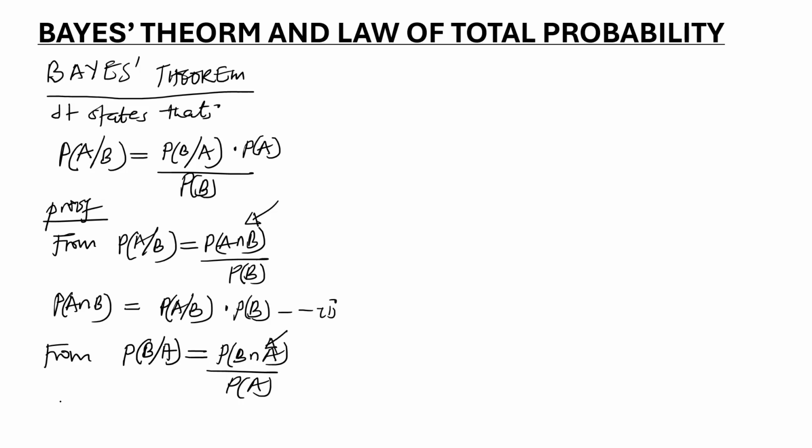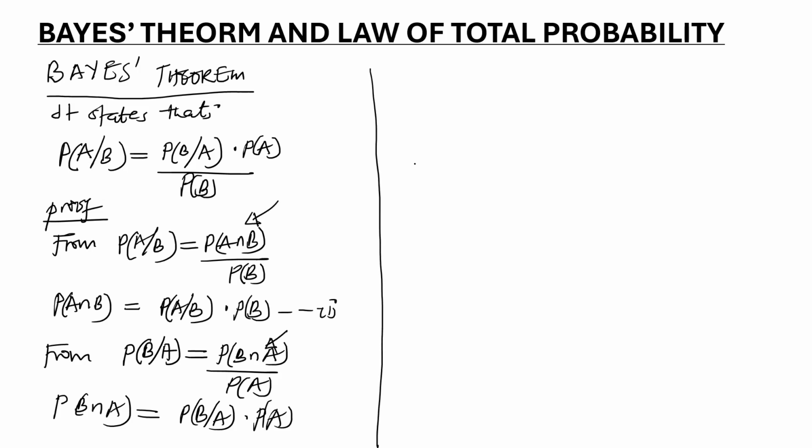So the probability of B intersection A will be expressed as the probability of B given A times the probability of A. Let's call this equation 2.